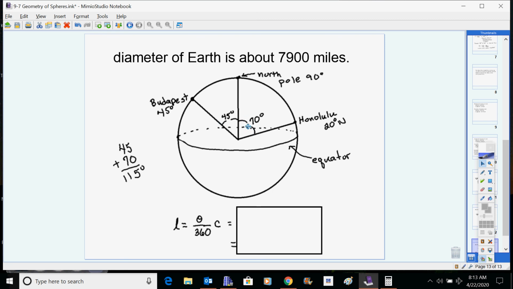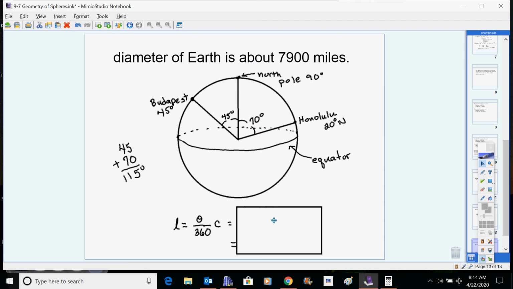Then you need to use your arc length formula, which I'm reminding you of right here. You might want to jot that down. It's the number of degrees compared to 360, a part of 360, times the circumference of the whole circle.